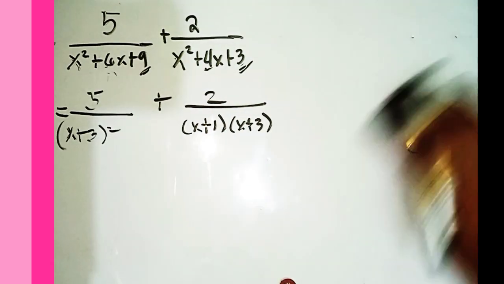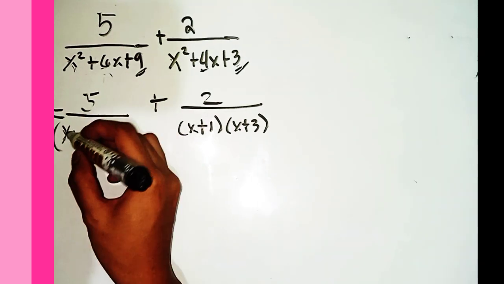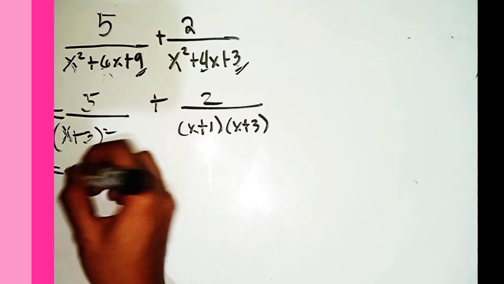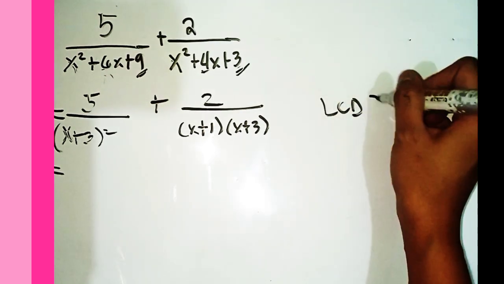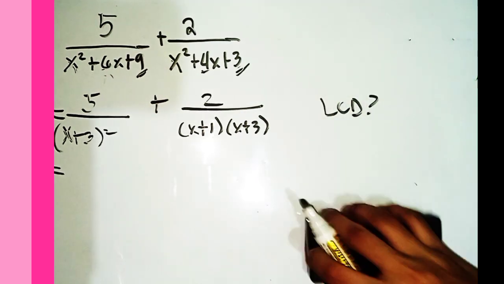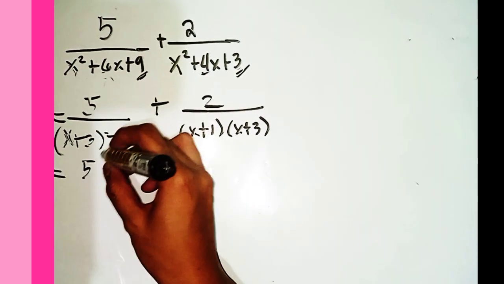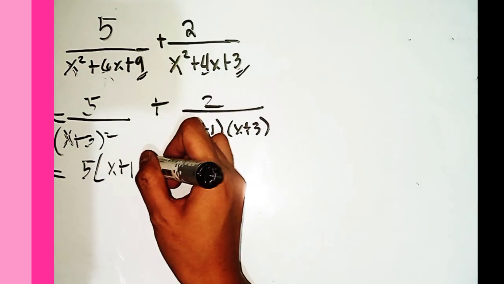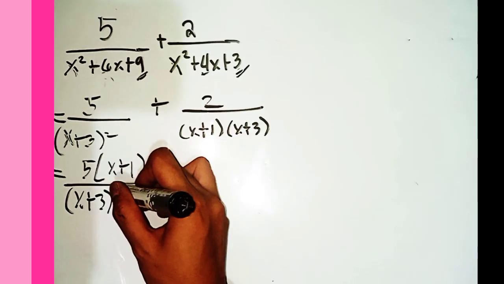Okay. So now, since the denominators are already factored, we can get their LCD, and their LCD would be x plus 3 squared and x plus 1. Okay. So just copy the numerator, 5 times x plus 1 over x plus 3 squared x plus 1.